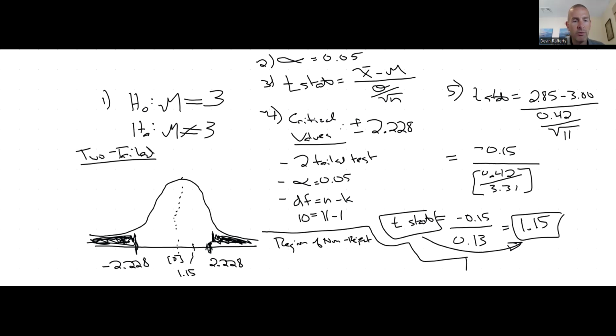It didn't go past 2.228 or negative 2.228. 1.15 is right in here. It's in the region of non-rejection. If your test statistic is in the region of non-rejection, then you fail to reject the null hypothesis. Okay. We fail to reject it.